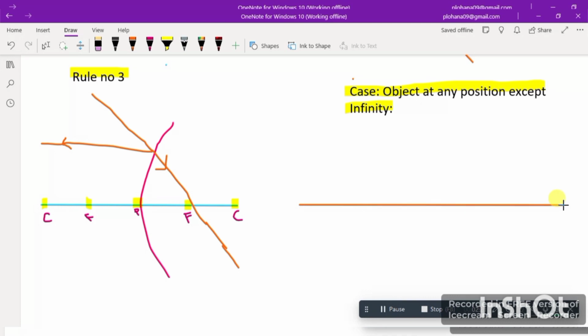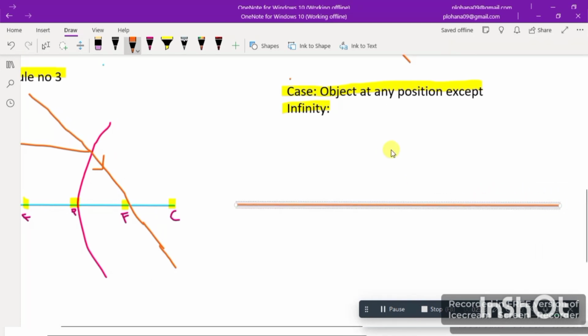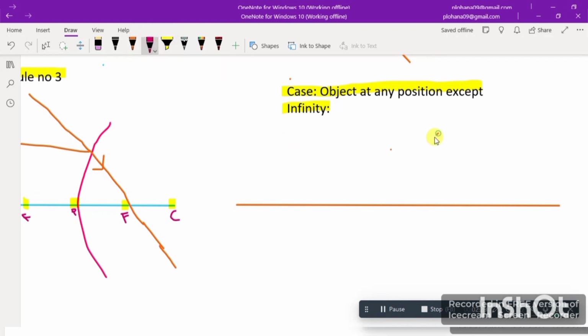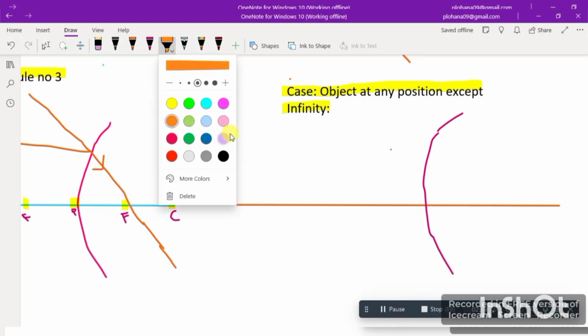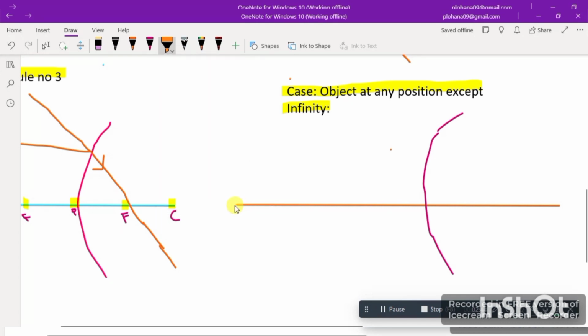This is the diagram. This is the principal point, right? Here I have the convex lens. Okay, so here I have C, which is the center of curvature, F, which is focal point, F. This is P. This is again F, which is the focal point.